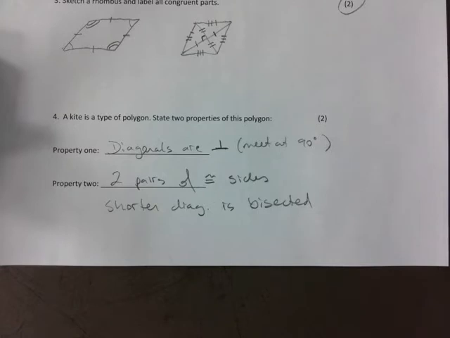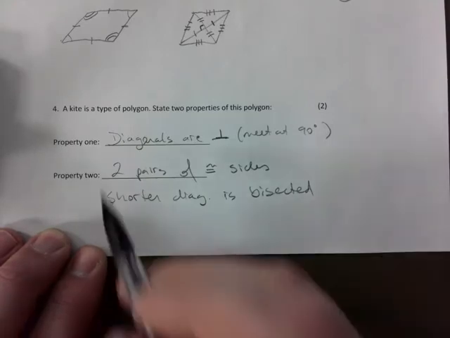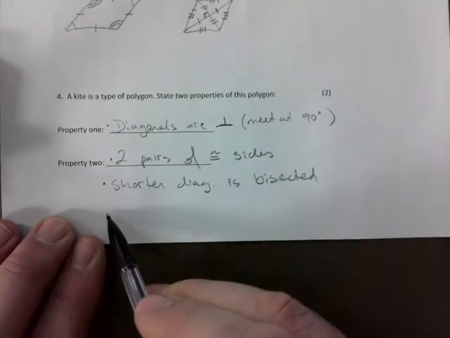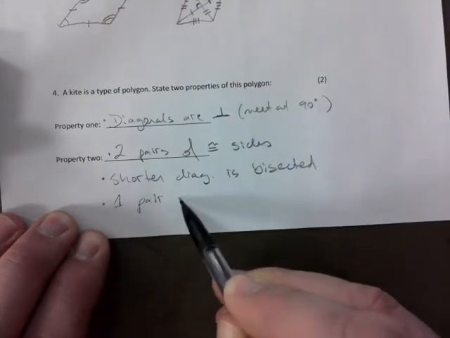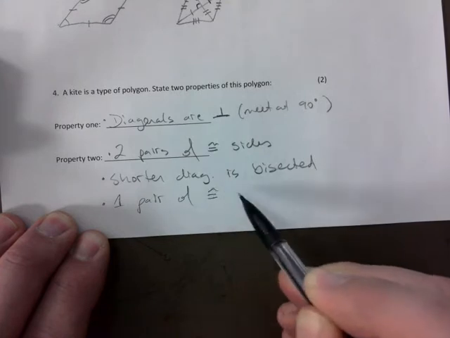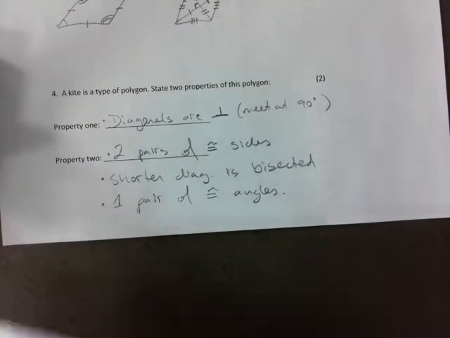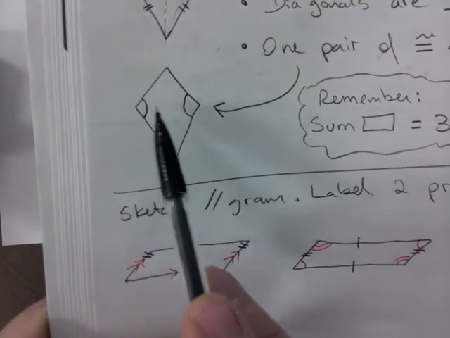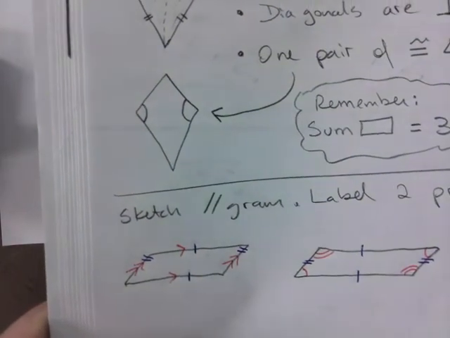All right, I'm glad to hear you listen. So what I would say there is you can say it has one pair of congruent angles. There's one pair that is congruent, and they're right across, where the shorter diagonal is. That's where they meet.